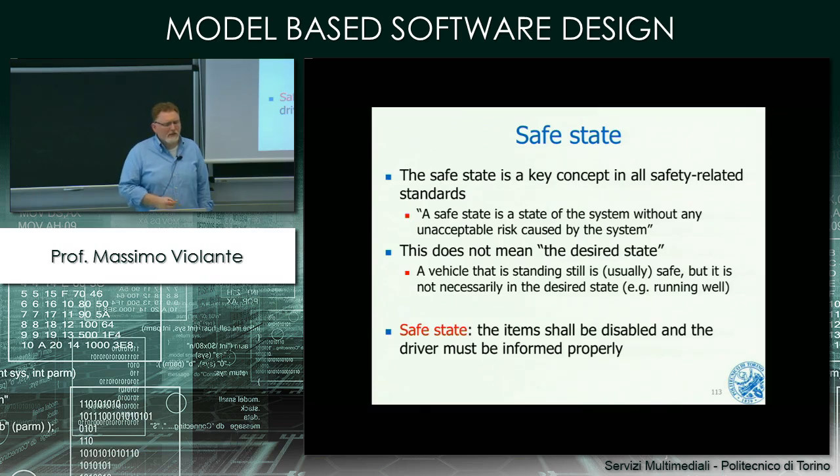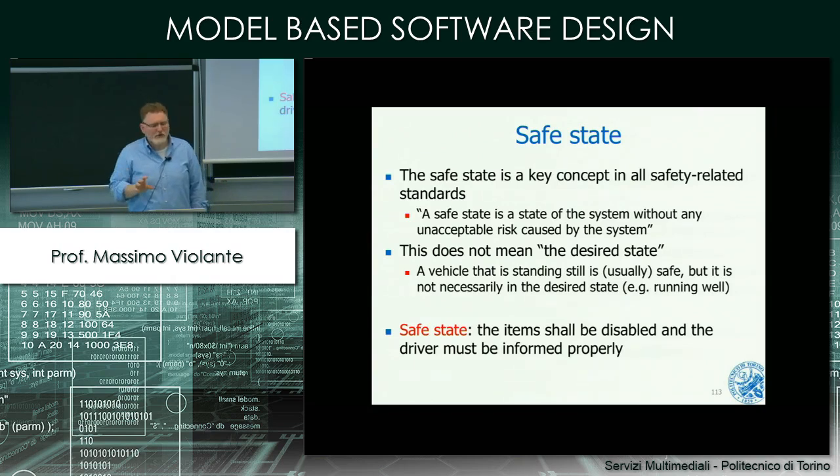In that case, the safe state could be you cannot drive faster than 30 kilometers per hour. Why is that? Because maybe that is the speed that is enough for allowing you to park the car along the road and turn this off.